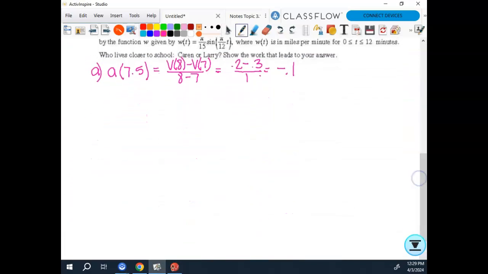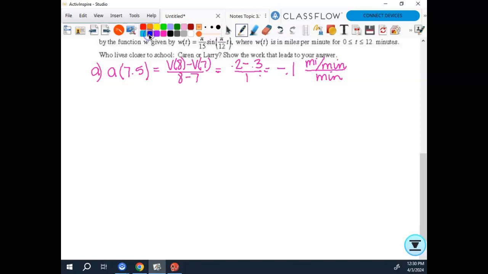So the numerator was velocity, which is miles per minute, and my time was minutes, and we can just leave it like that. Okay? Everybody okay with all that?